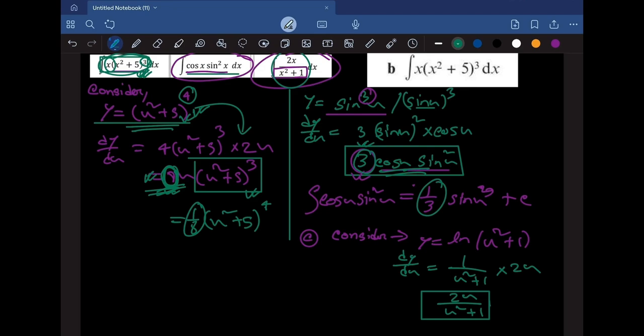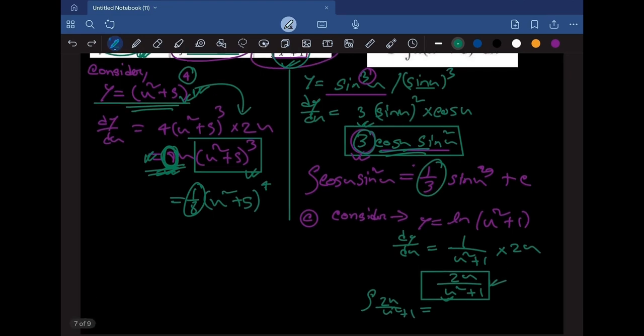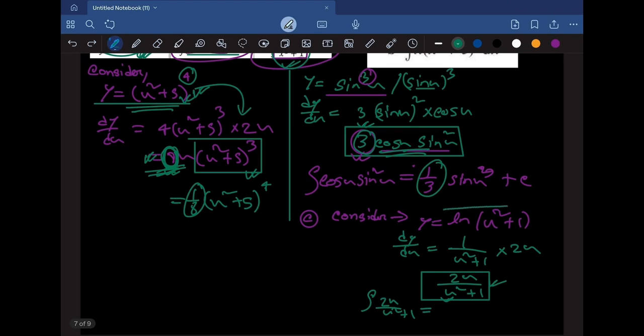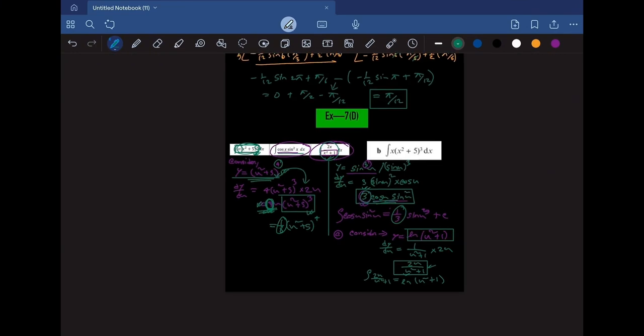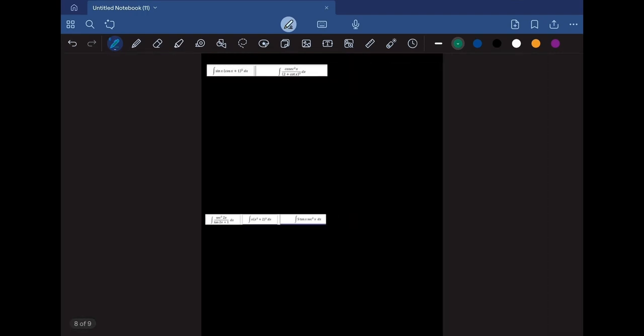But here there is no difference between the differentiation value and the question. So the integration of 2x by x squared plus 1 is equal to ln of x squared plus 1. Okay, so this is the way we will try to solve these maths.